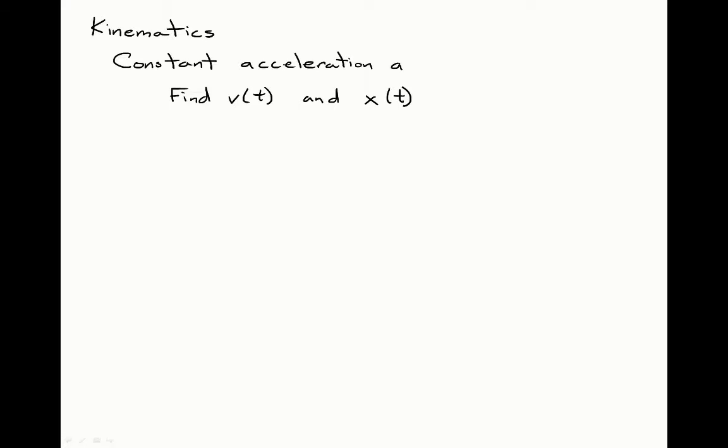Well, we do know that acceleration is the first derivative of velocity, and that acceleration is the second derivative of position with respect to time. So if we want to find velocity, we need to integrate acceleration. And if we want to find position, we need to integrate velocity.